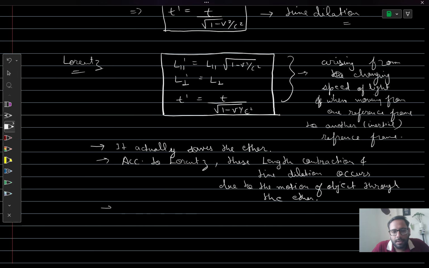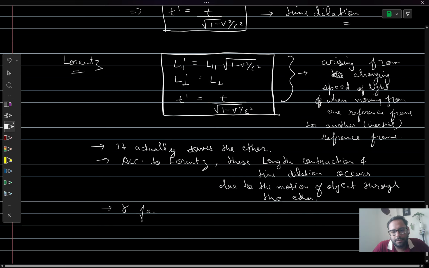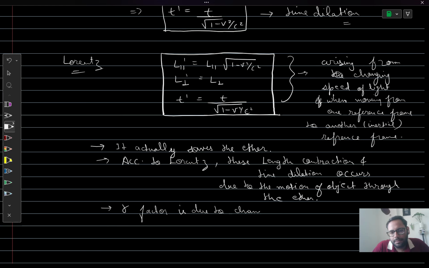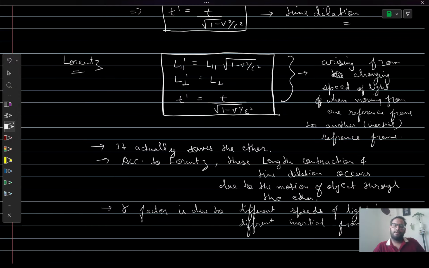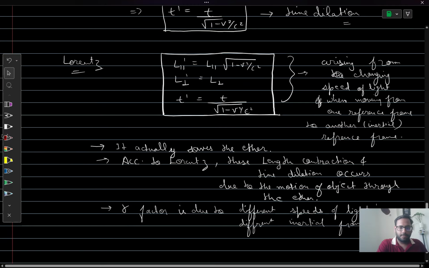You see the gamma factor is due to, again, change in speed, or say different speeds of light in different inertial frames.